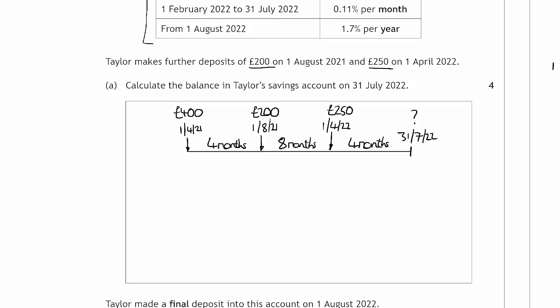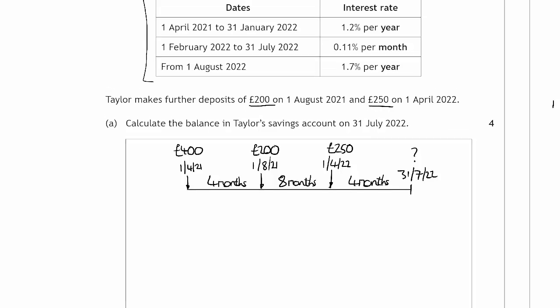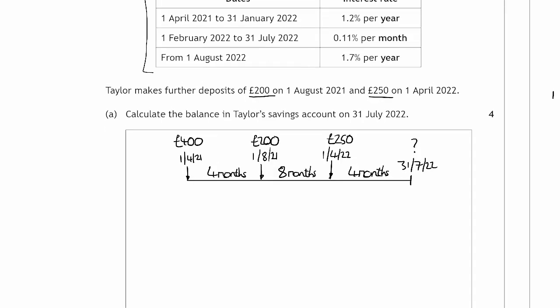Now underneath the line, I'm going to do the time frames where the different interest rates change. So let's have a wee look. The 1st of April 21 to the 31st of January 22.